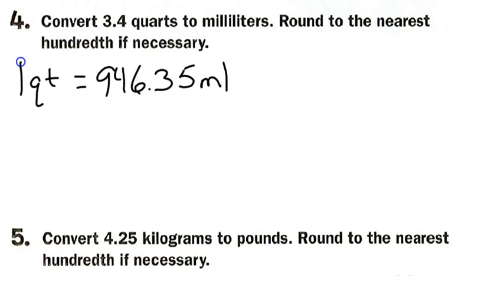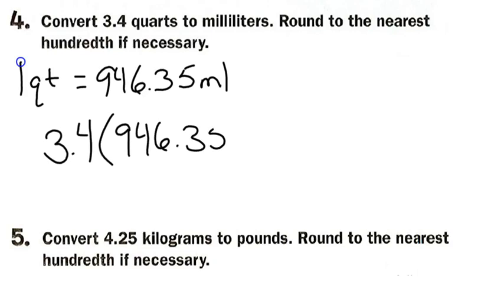So I need that. That's my conversion. All right, so I've got 3.4 quarts. So every single one of those quarts is 946.35 milliliters. So that's 946.35 3.4 times. So I hear that word times, I think multiplication. So I'm simply going to do 3.4 times 946.35 milliliters.